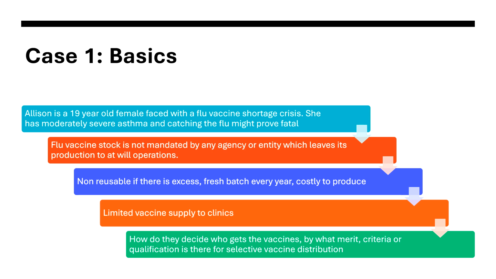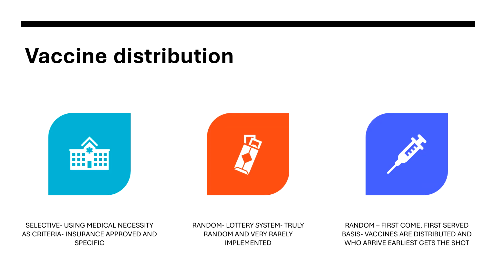And there are different ways which the clinics chose to distribute the vaccine. There are different methods. There's the selective method using medical necessity criteria. This is based upon specific health conditions, which is usually done with insurance approval and has very specific restrictions.